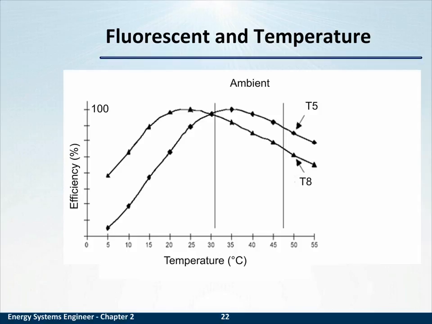Indeed, T12 fluorescent lamps have fallen out of favor and are a great candidate for T8 or T5 replacement. And some would say T5 are always better, but what about temperature? What this graph shows is if you're operating at 30 to 50 degrees, T5 is almost always better.